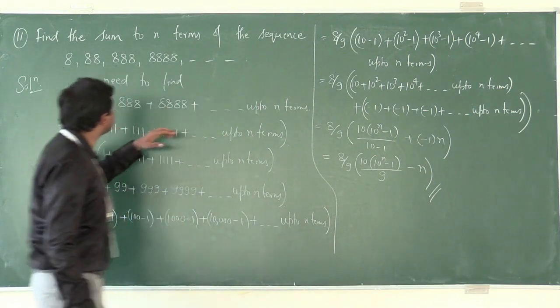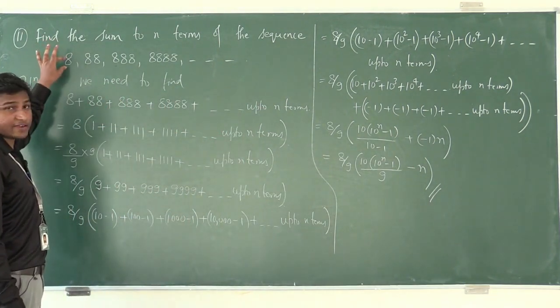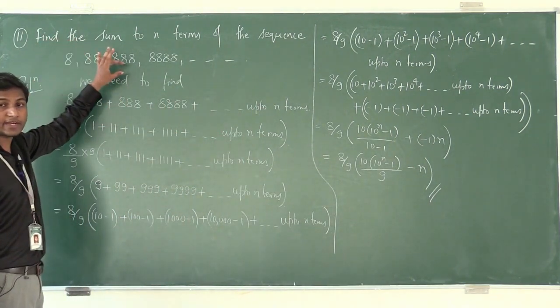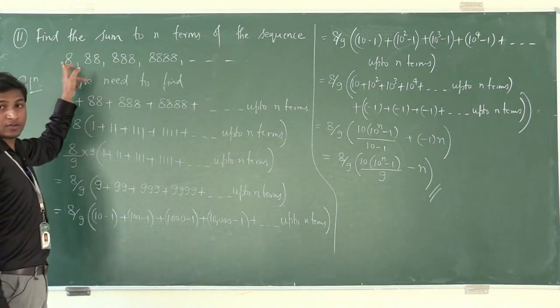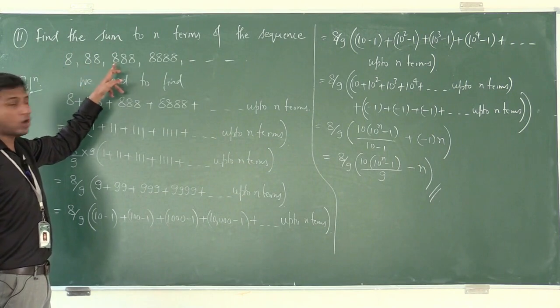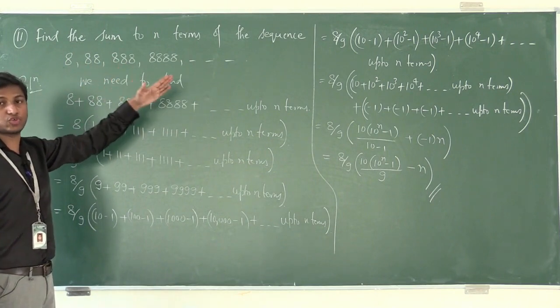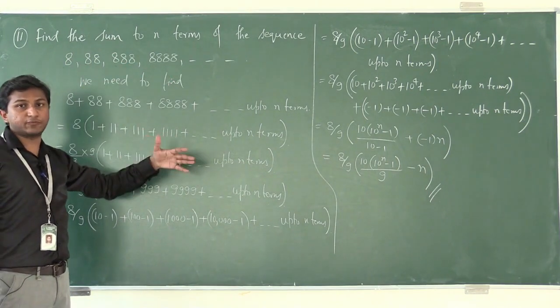If in the place of 8, 88, 888 and so on, you had 7, 77, 777 and so on, the same method we need to follow.